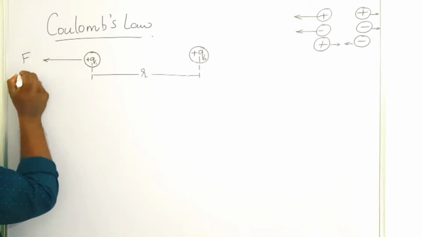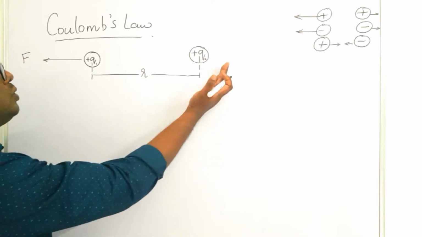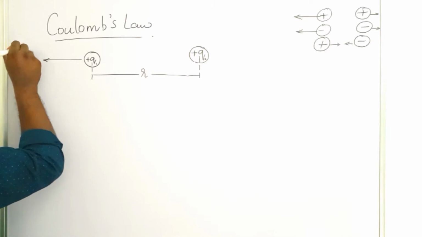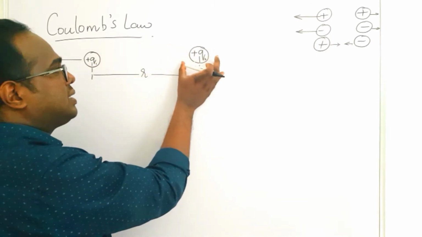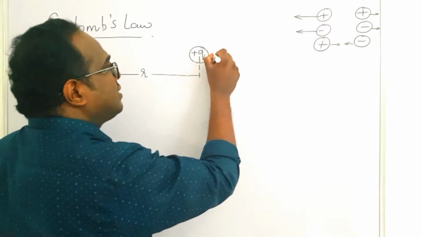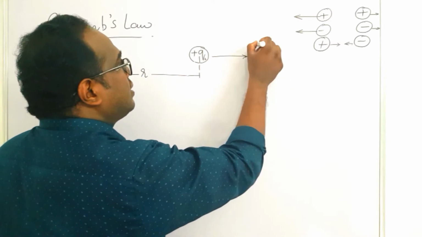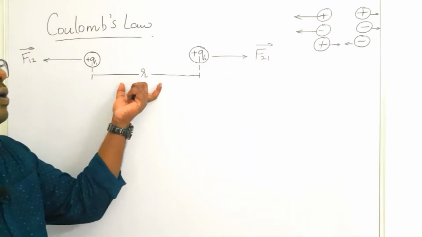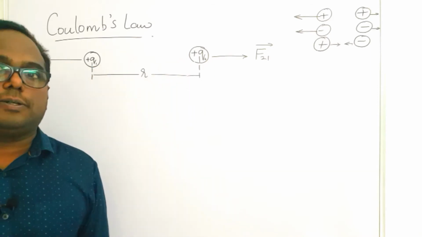This is F12, the force on the first charge due to the second charge. Similarly, the first charge will repel the second in this direction, so this is F21, the force on the second charge due to the first. This is the representation of force between two charges. These two charges should be point charges.